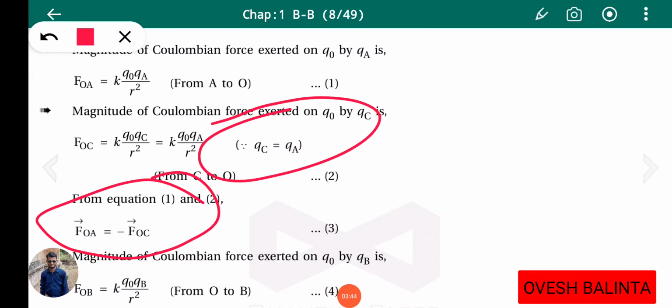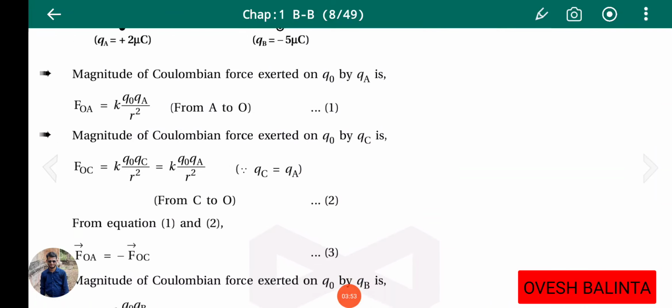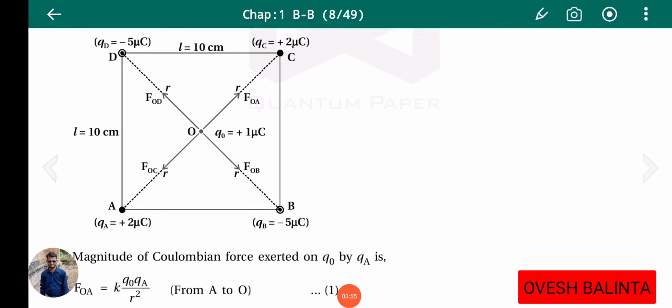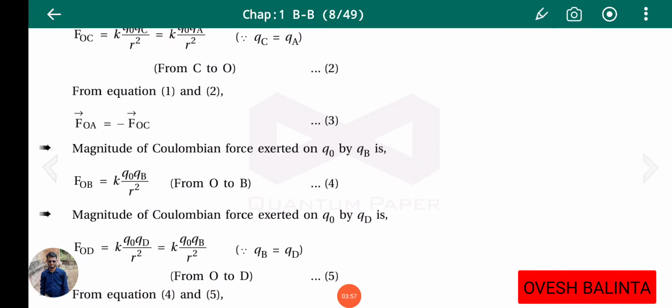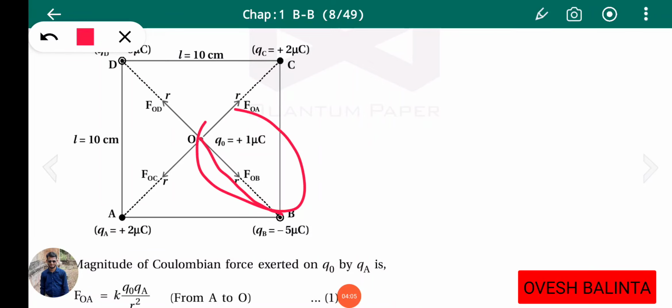Now we are talking about the Coulombian force acting on Q0 by QB. So how much force is there from O to B?